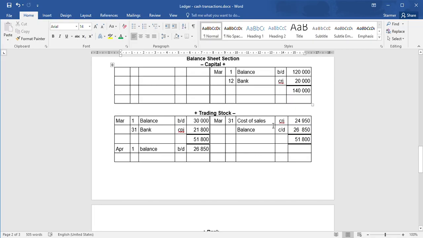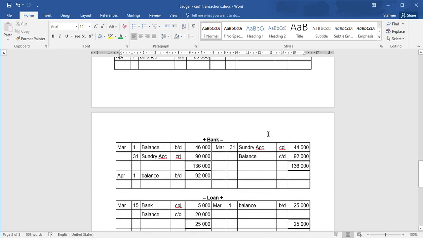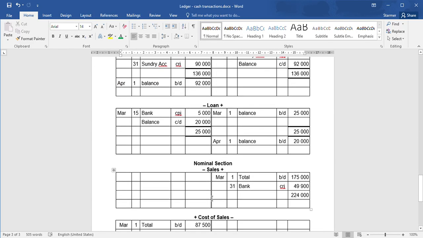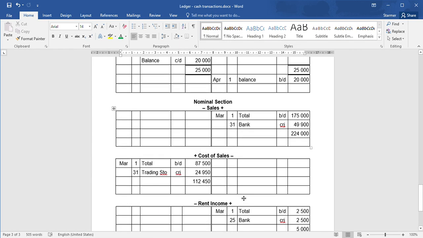Now when you sell stock, you record it in the selling price in the sales account. At the same time, in order to earn that income, we had to spend 24,950 on trading stock. So remember, you record the selling price, which is income, minus the cost price, which is your cost of sales, your expense, and that will give you your profit.